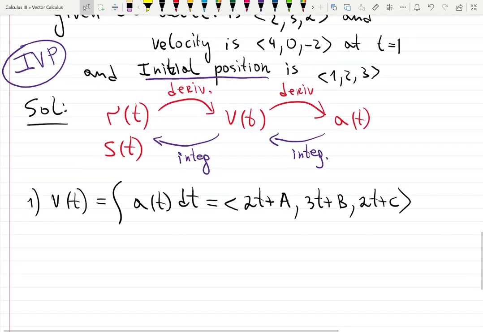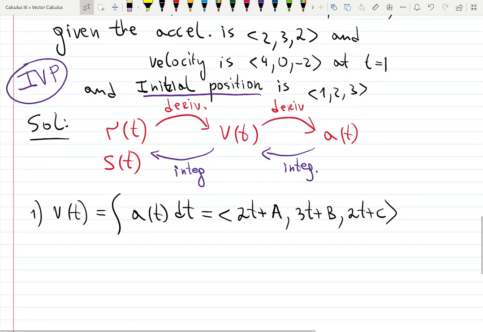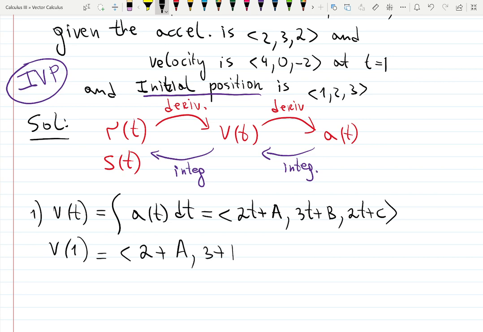But we will use the initial value, which says v at 1 is given as 4, 0, and minus 2. So let me plug 1 in everywhere. It will be 2 plus A, 3 plus B, and 2 plus C, which should be 4, 0, and minus 2. I'm using this information over here.